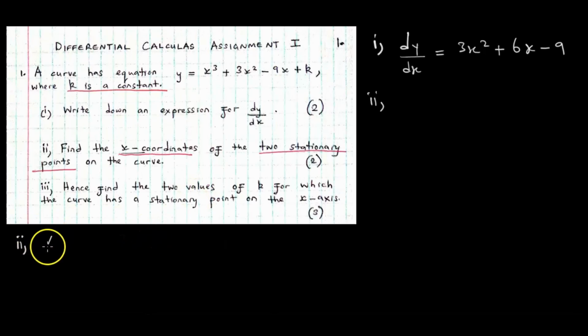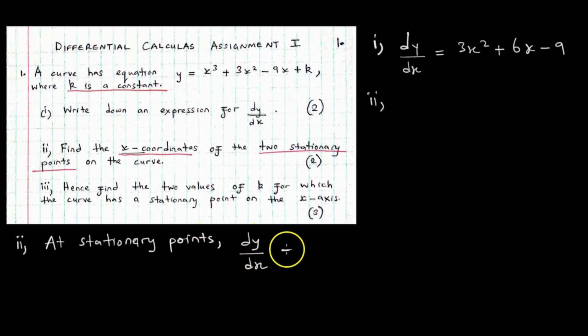The statement says, at stationary points, dy dx is equal to 0. And that is what stationary point means. So this is the conclusion we have to arrive at.